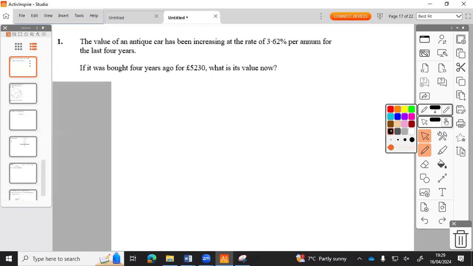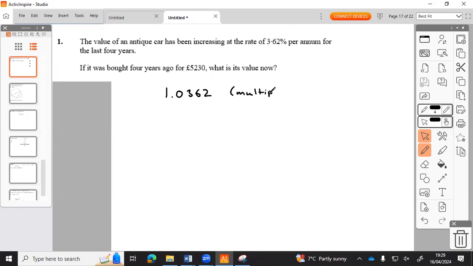The value of the antique car has been increasing at the rate of 3.62% per annum for the last 4 years. So we're taking that number, 3.62, and creating a multiplier out of it. My multiplier will be 1.0362.